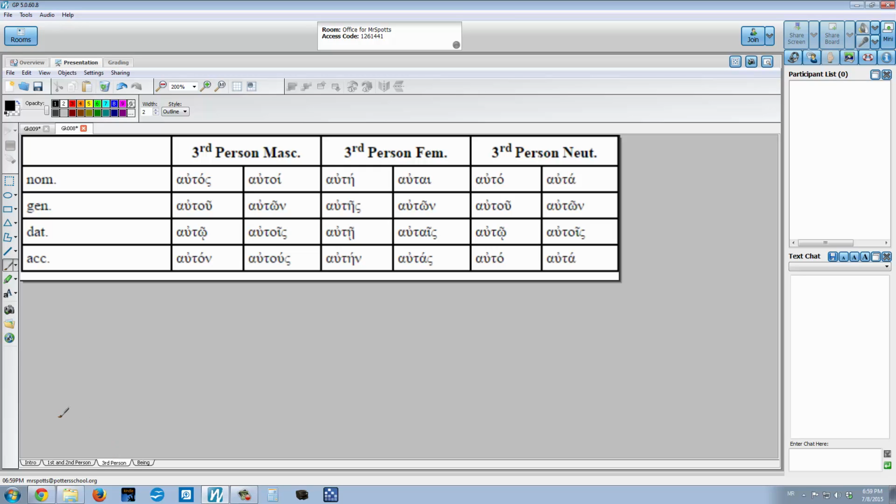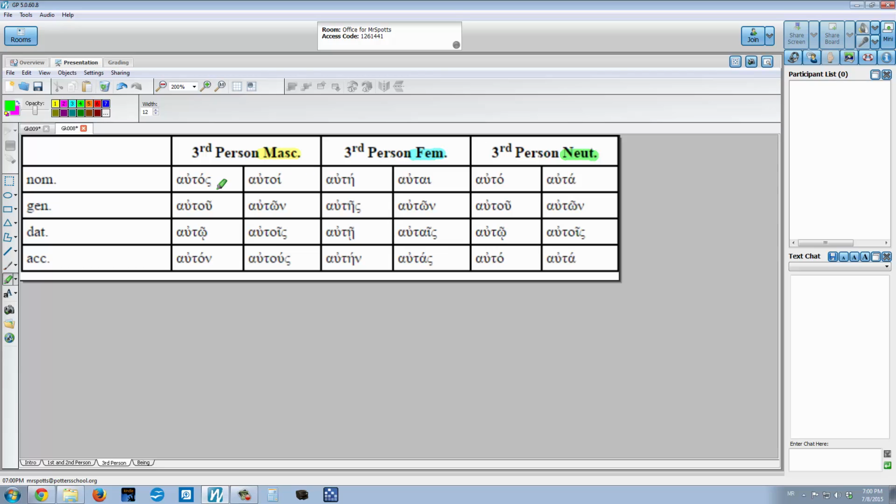This is going to be a little more complicated because there is a masculine he, there's a feminine she. Wait a minute. Okay, let's choose the right drawing tool if I'm going to draw on this. Masculine he, a feminine she, and a neuter it.